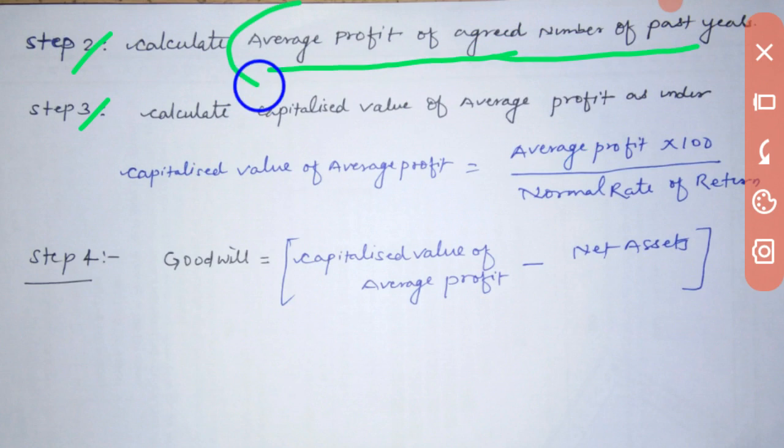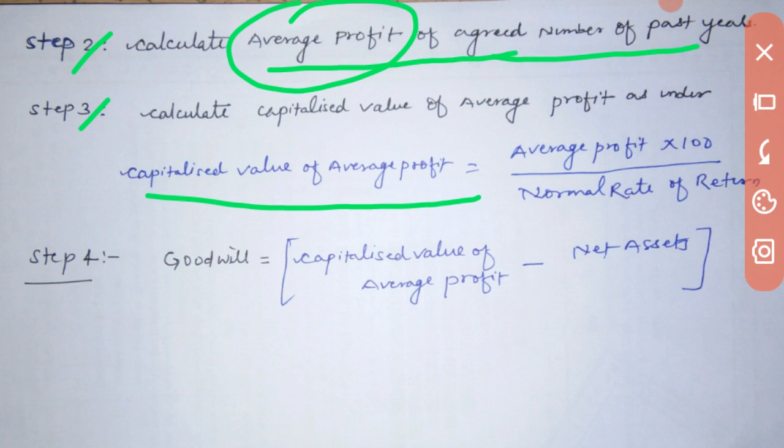Whatever profit we have calculated here, we have to find out its capitalized value. So simply we put the average profit multiplied by 100 divided by the normal rate of return. In this question, the normal rate of return will be given. What does a businessman normally expect from their business? Maybe 10%, 15%, whatever the question gives. So we have to find out the capitalized value of the average profit.